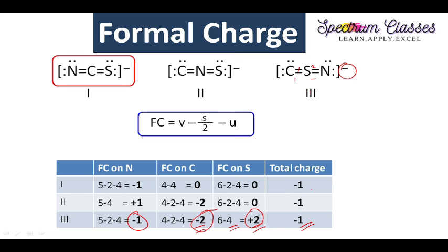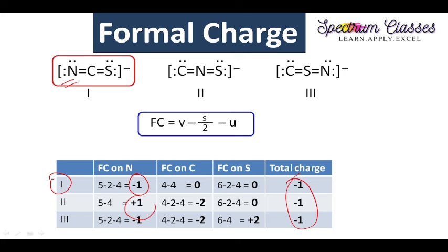Out of these three, the total charge is the same in all 3 molecules. But which structure is preferable? Out of these 3, only this molecule has the least formal charge on its atoms. So this has -1.